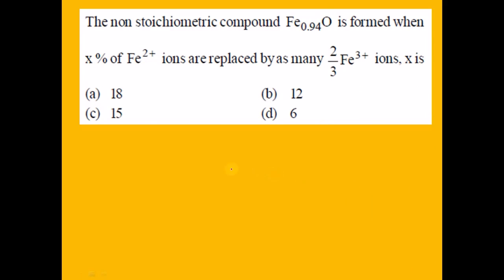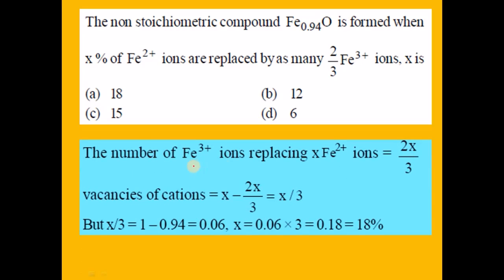Next question. The non-stoichiometric compound Fe0.94O is found when x% of Fe2+ ions are replaced by as many as 2/3 Fe3+ ions. So what is x?